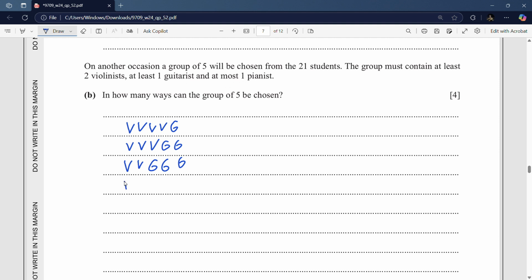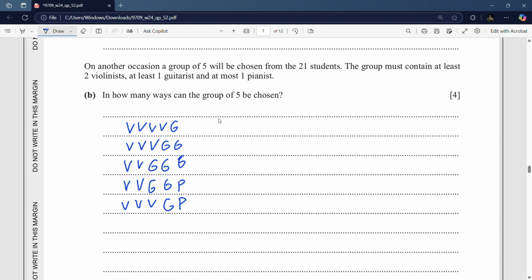So we can take 1 pianist here, and here also. So in total we have 5 combinations, and we should be calculating the number of combinations for each of these cases.